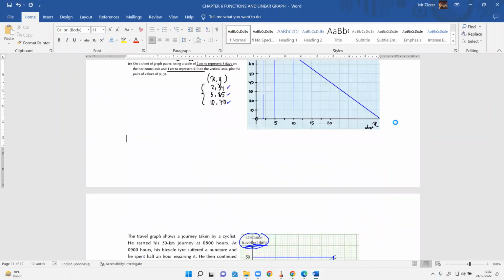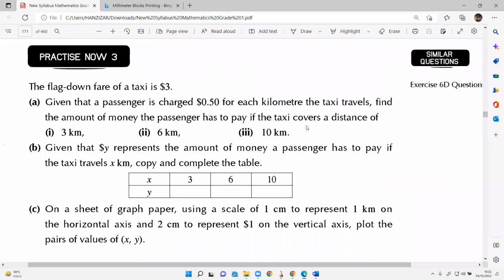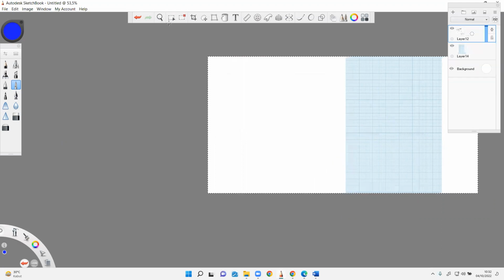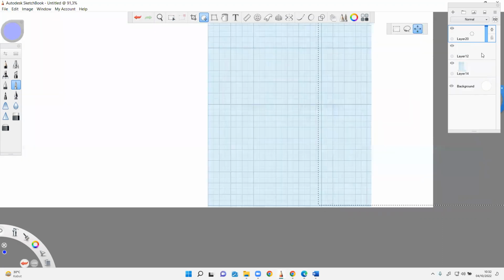I will put it here. Okay, so that's the way we do. Okay, next. So let this graph paper be there. Wait.